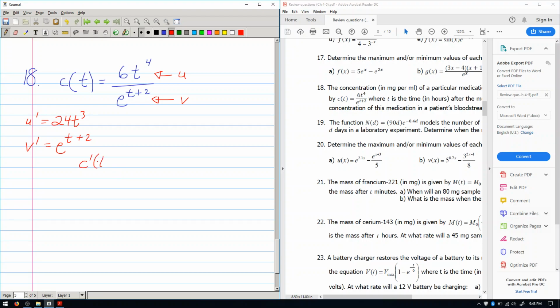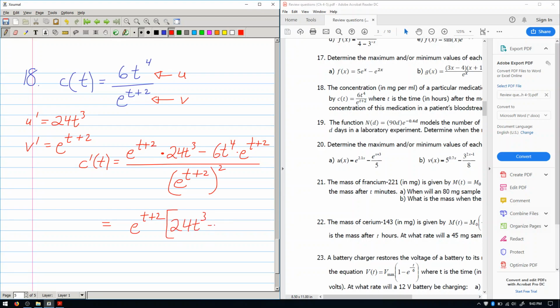So c prime of t equals v times u prime minus u times v prime. I will have to take out a common factor on the top. If you notice, it's a similar format to the last example, last few examples actually.